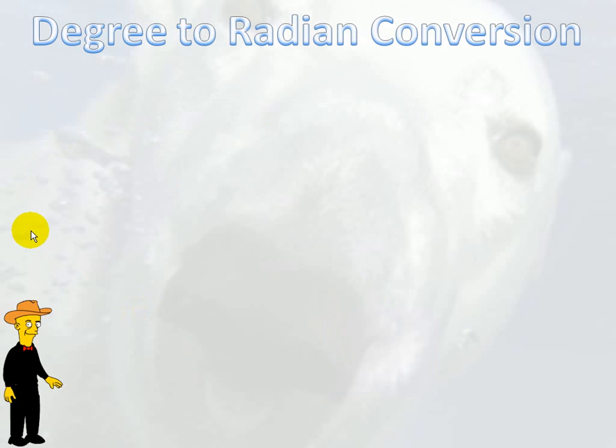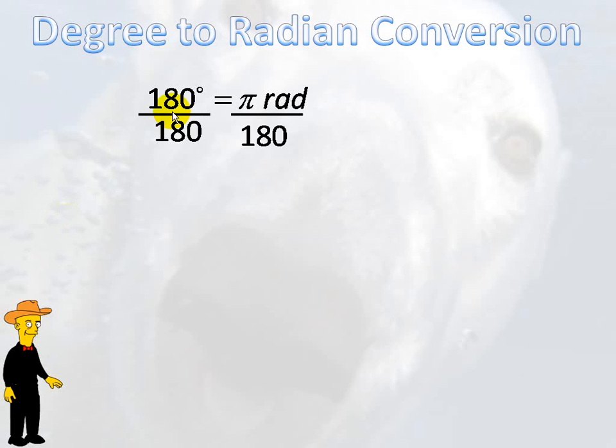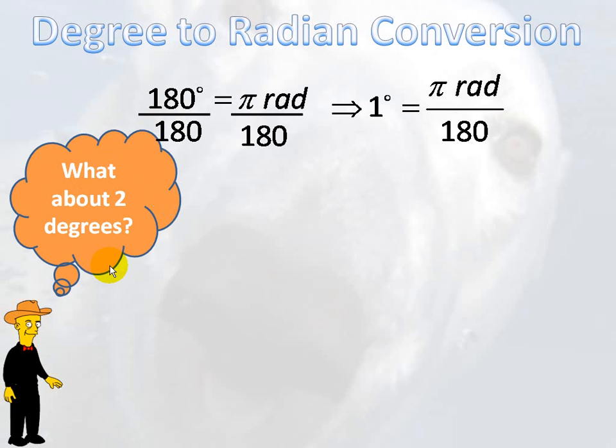Now let's go the other way, from degree to radian measure conversion. We start off with, once again, that 180 degrees is equal to pi radians, and now I'll divide by 180, and I get that 1 degree is pi radians over 180. So what about 2 degrees?